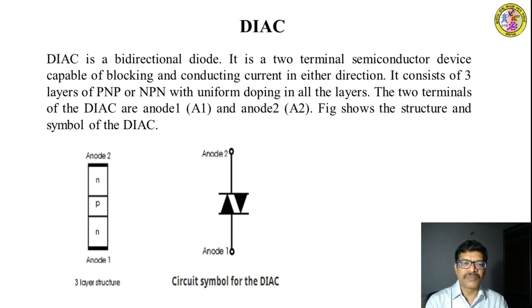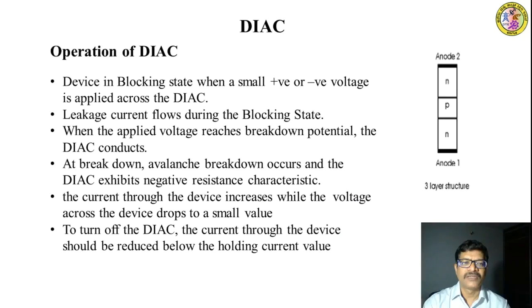The two terminals of DIAC are anode 1, A1, and anode 2, A2. Figure shows the structure and the symbol of the DIAC.